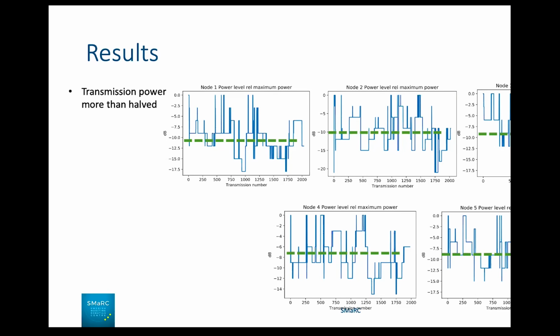We can see that the modems generally transmitted at around -7 to -10 decibels from the maximum power, which would mean that we have used less than a 75% decrease in energy for the packets overall.